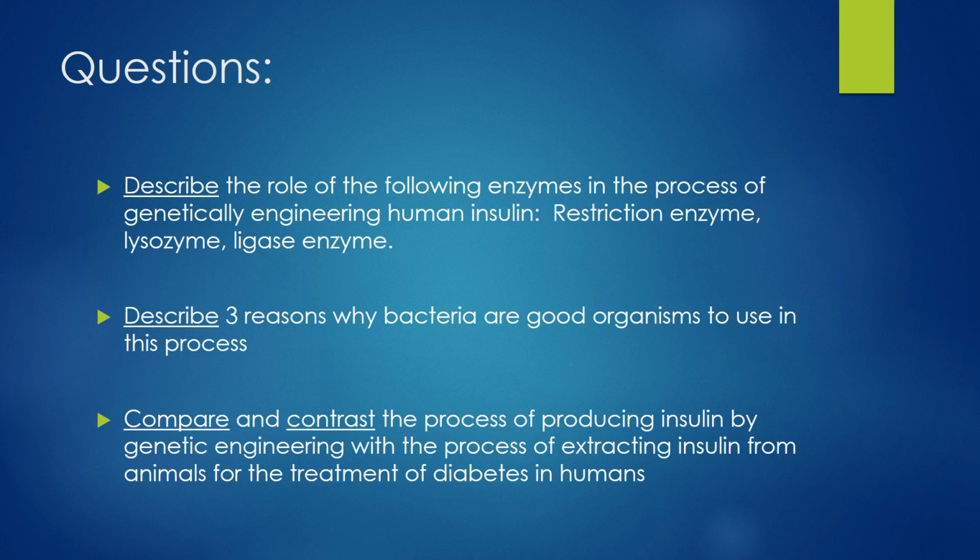Okay, so similarities is they're both producing insulin, which can be purified and used by humans to reduce the amount of glucose in the blood. The difference is that you are using a living single-celled organism or a multicellular organism in the case of the animal. Differences are we're producing human insulin, animal insulin, so therefore we can have different side effects.